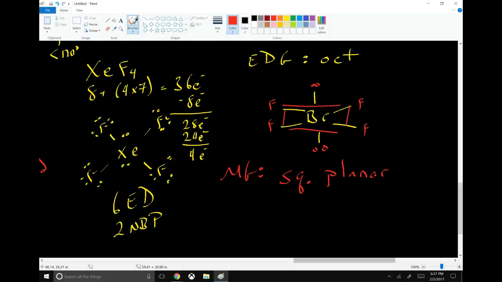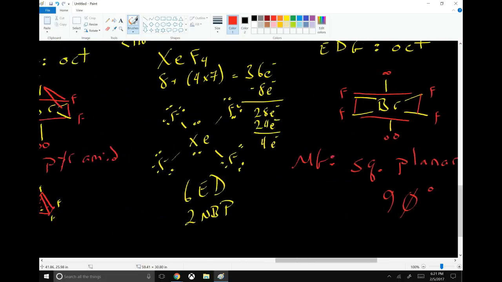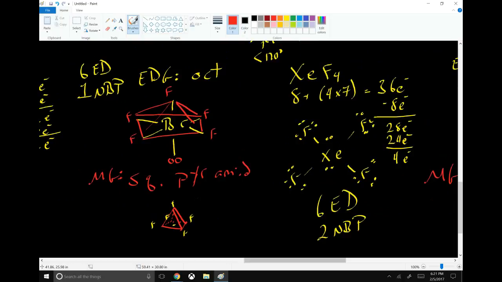Okay. And here the geometry is nice and simple. All of the angles are 90 degrees because the squeezingness of the non-bonding pairs sort of cancels out. The fluorines are still nice and square. But over here, for this one, these 4 fluorines are squished up a bit, but there's so many fluorines pushing back against the non-bonding pair that it's kind of hard to see.